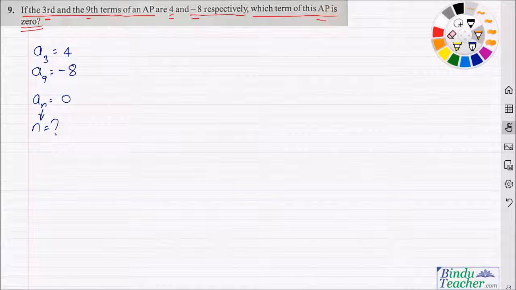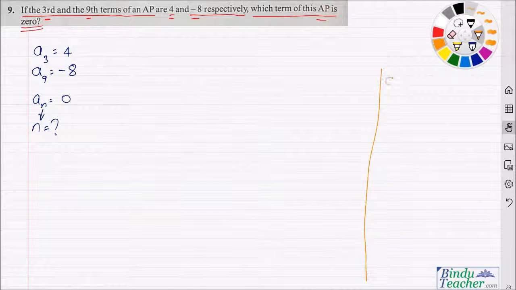First, we will write down the formula for an arithmetic progression. So a set of numbers a1, a2, a3 is said to be in arithmetic progression if they are of the form a, a plus d, a plus 2d, and so on, where d is the common difference and d can be calculated as a of n plus 1 minus a of n.